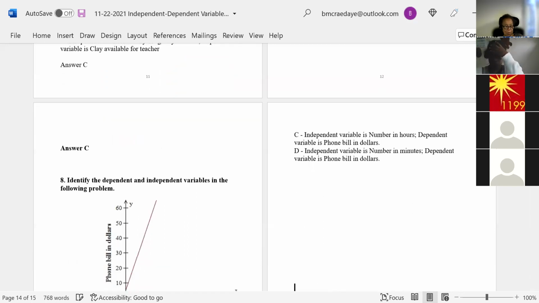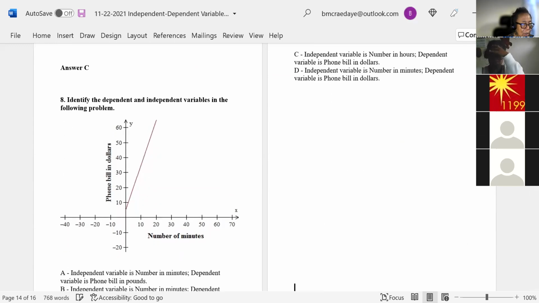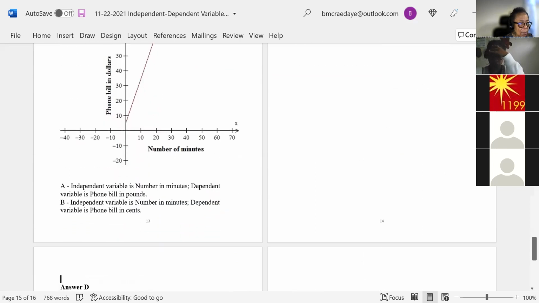Now this one involves phone bill in dollars and number of minutes you are on the phone. Alba, which one would you say is the independent variable, the phone bill in dollars or the number of minutes you use?